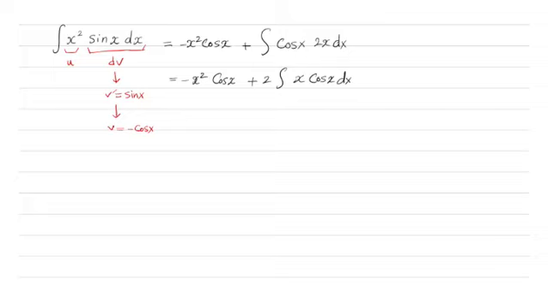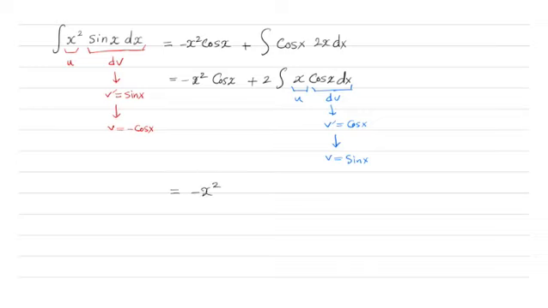Now here we need to integrate by parts one more time. This time I'm going to take u to be x and dv to be the rest, which means v prime is cosine of x, which means v is sine of x. Let's see where we go with this.